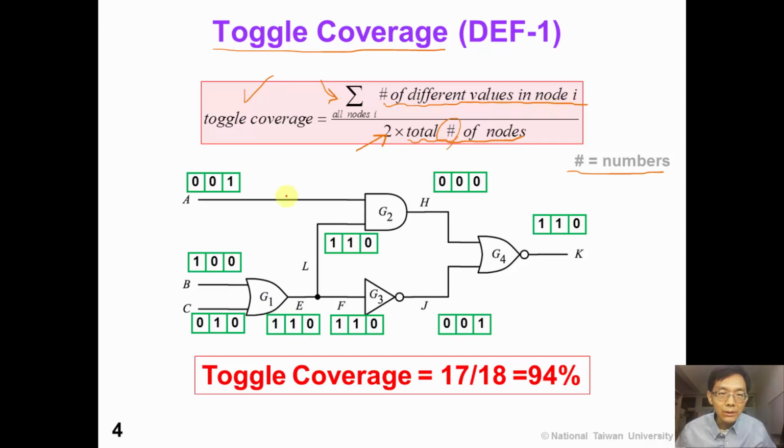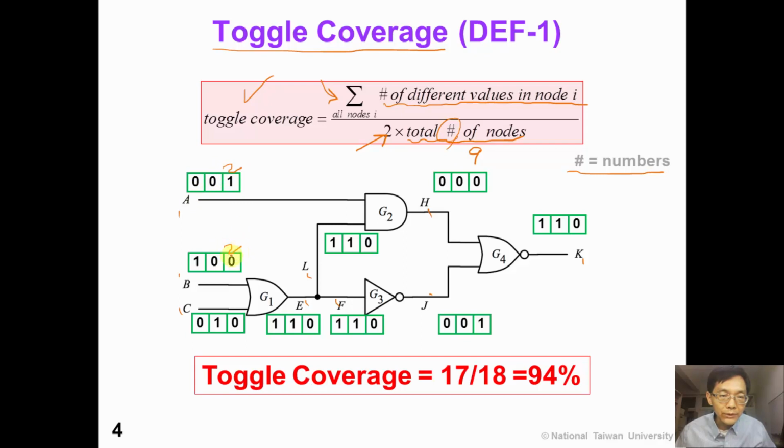For example, given this circuit, we have A, B, C, L, E, F, H, J, K. Totally, there are 9 nodes in this circuit. For node A, we have 2 values.